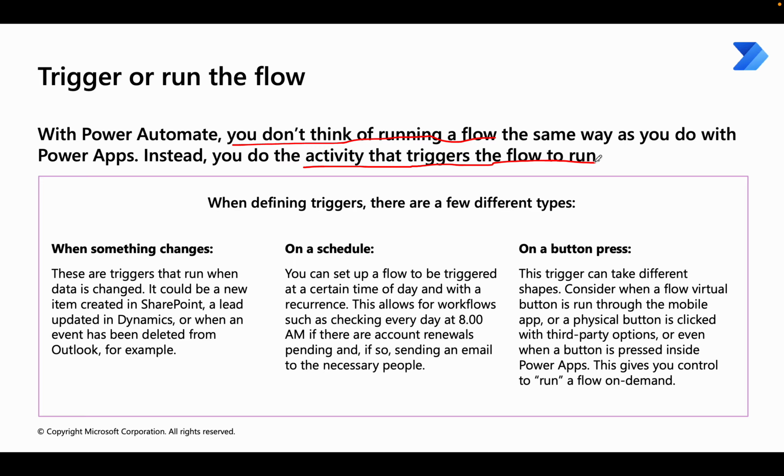Most of the time we need to run something by ourselves, but for a flow it's not this way. A flow is usually run when some activity happens. So what could be the difference?